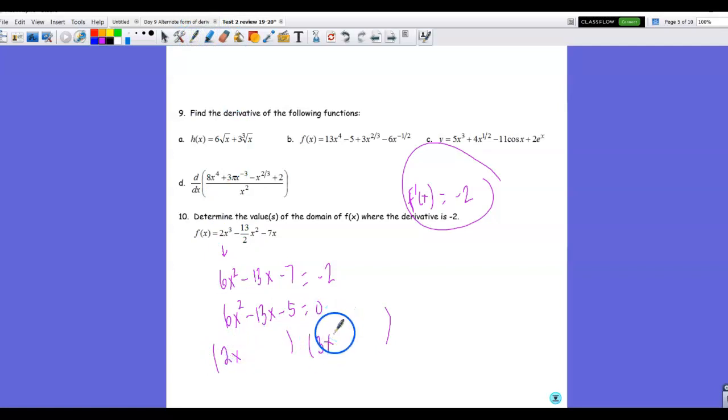I'm trying to make a 13, so 5 times 3 is 15, so that's looking good. 15 take away 2 is 13. I want the 13 to be negative, so I'm going to do a minus here and a plus here, equals 0. So x is equal to 5 halves, x is equal to negative 1/3, and so on that graph, that's where the derivative would be negative 2.